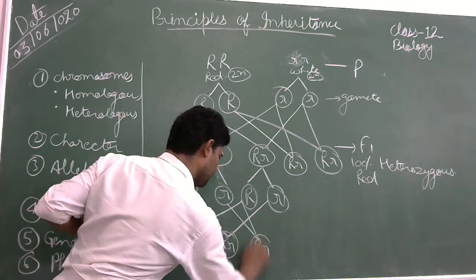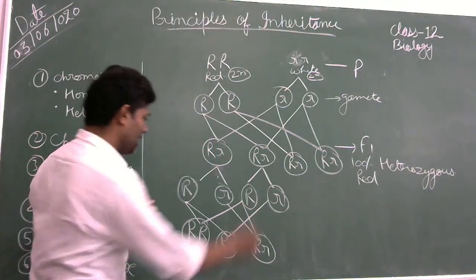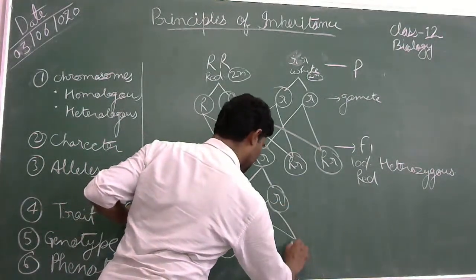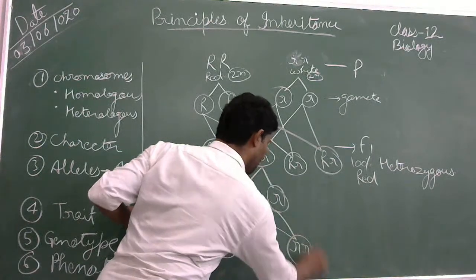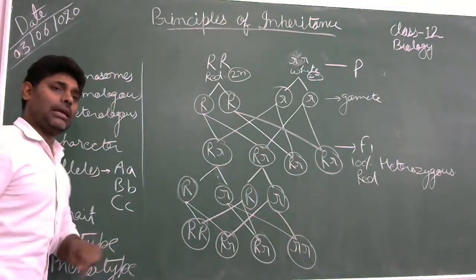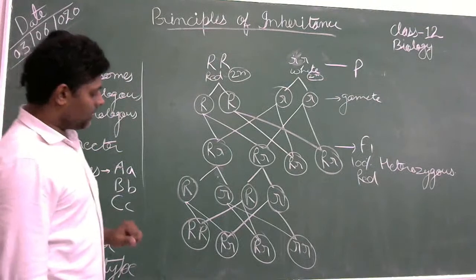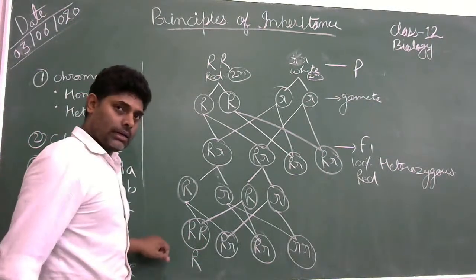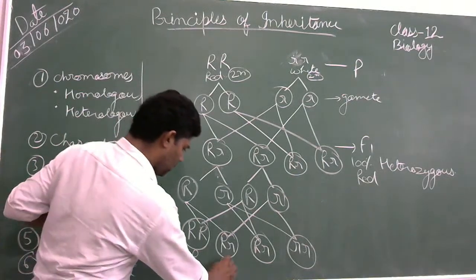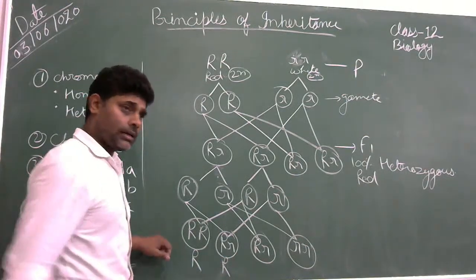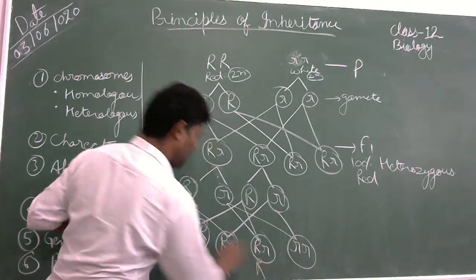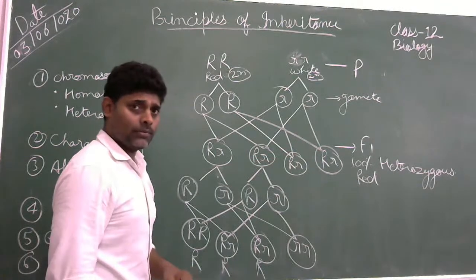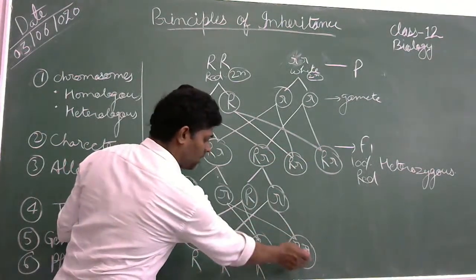This is the heterozygous, and suppose it will cross with that one, homozygous, right? Now see the color. It shows a red color. It shows a red color. We are getting here also the red, right? But what about this one?